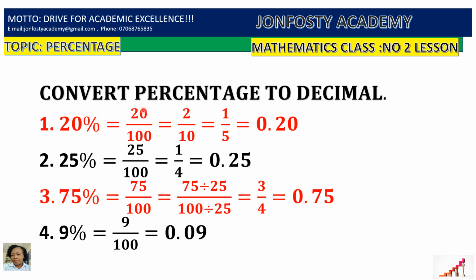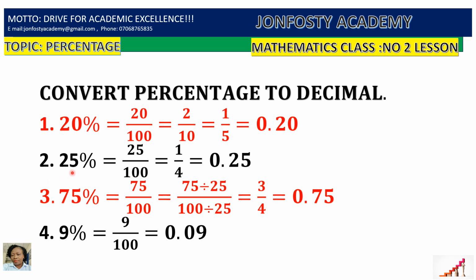If you cancel the 0, what will be left is 2 all over 10. And 2 divided by 2 gives you 1, and 10 divided by 2 gives you 5. And this 1 over 5, if we further divide it, is going to give us 0.20. And this is how we got our final answer to be 0.20.